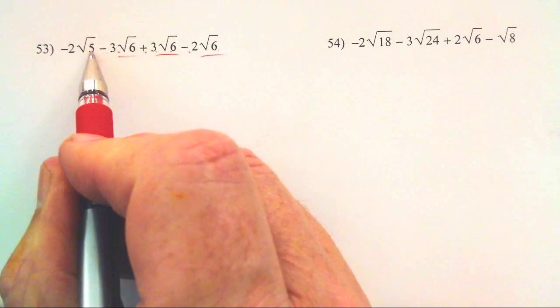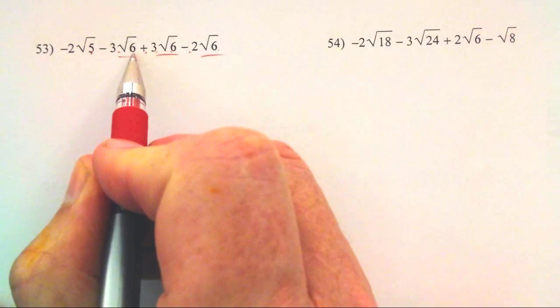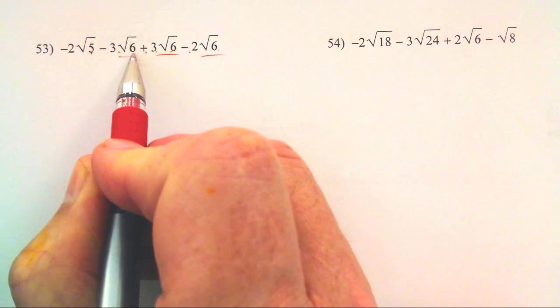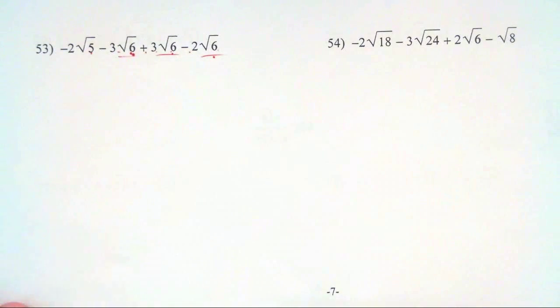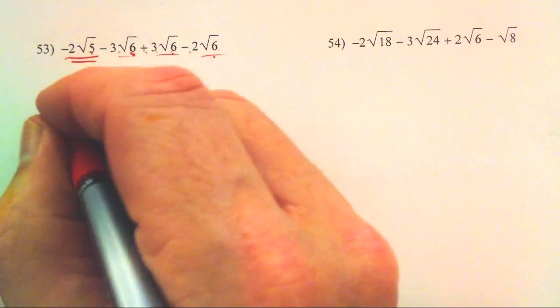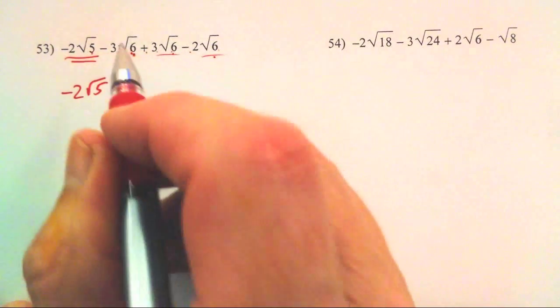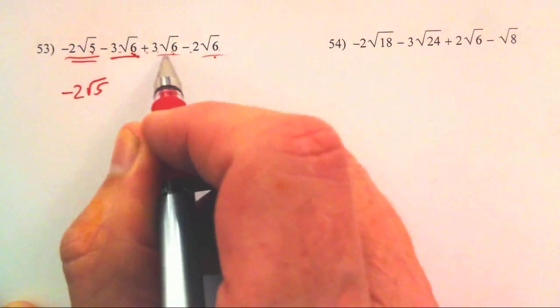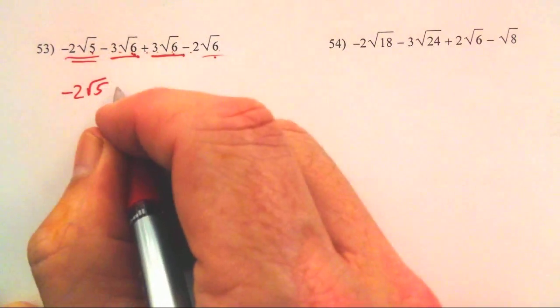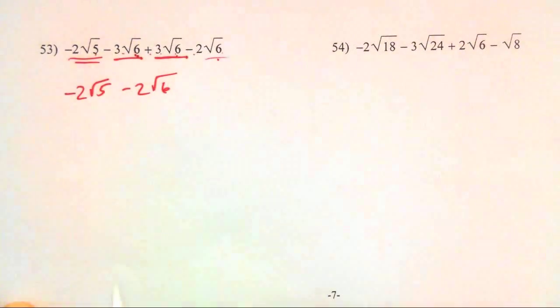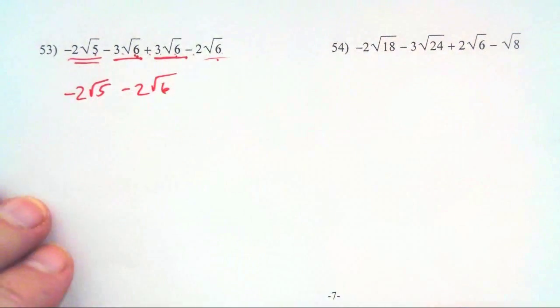Square root of 5, that 5 is stuck there. 6 is 2 times 3, but I need a pair of 2's or a pair of 3's to do any jailbreaking. So I'm ready just to combine. This is the only root 5 I have. It's stuck. But I have minus 3 of these, plus 3 of these, I have 0 of these things, and now I have minus 2 of these things. At that point, I am done.